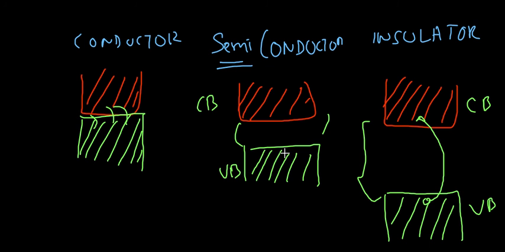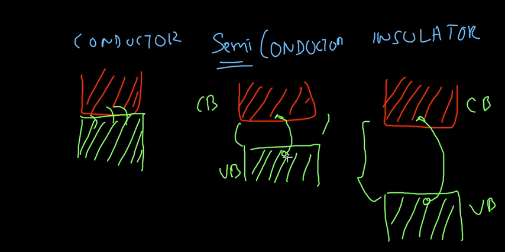By thermionic emission or some kind of excitation, some of the electrons from the valence band can absorb the energy and move to the conduction band. When they move to the conduction band, they will contribute to electricity conduction.